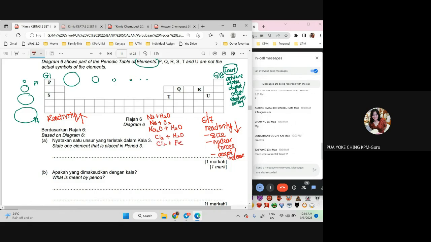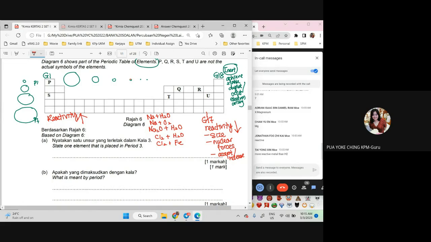This is a few examples of the chemical reactions that you need to read through in chapter 4. Okay, tapi kalau you rasa you tak sempat, tak dapat hafal, you just baca sekali lalu lah.